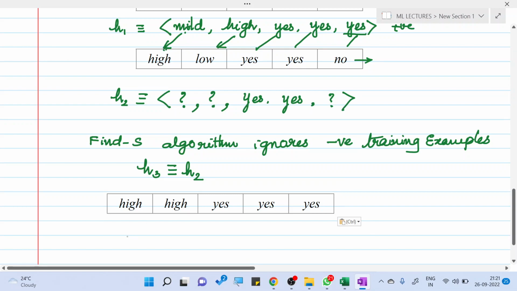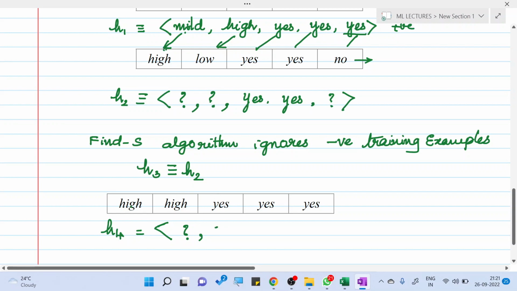Now the fourth example. So H4, update our hypothesis. Now my hypothesis is question mark. That means it can accept any value. Here we have question mark and high.